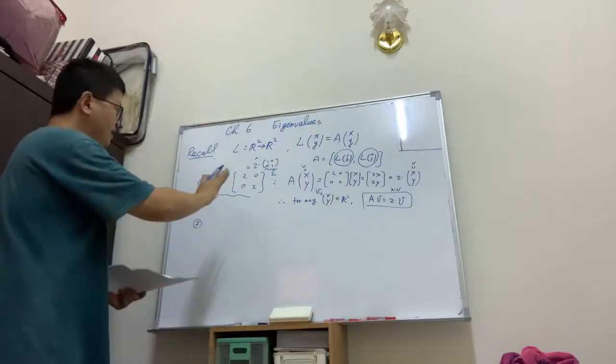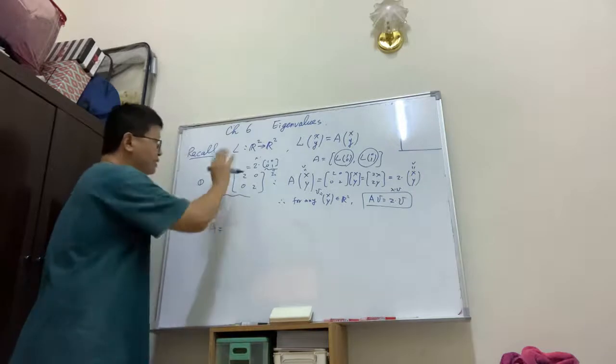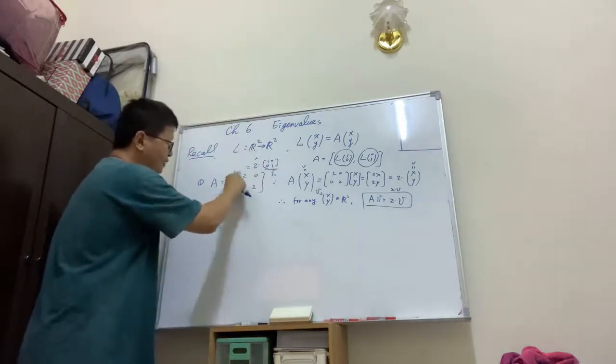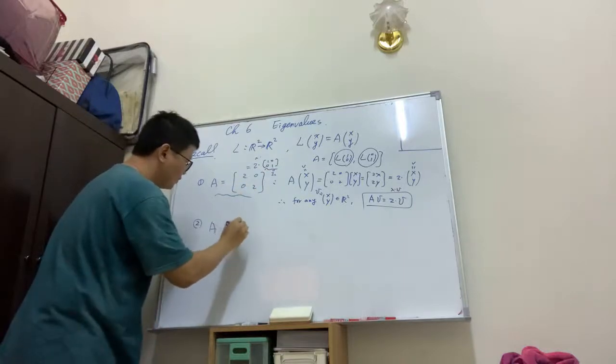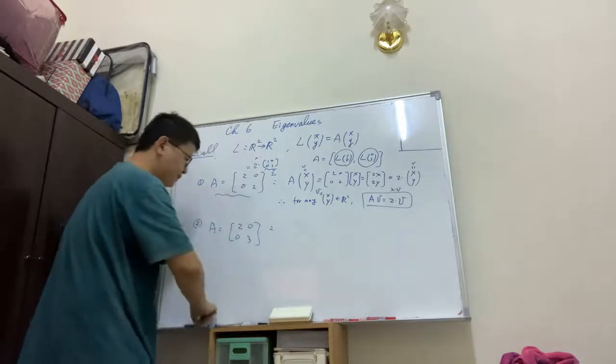By using these examples, I will explain it. But now suppose A is not a multiple of the identity, but still of diagonal form, for example 2, 0, 0, 3. Then what can we have?